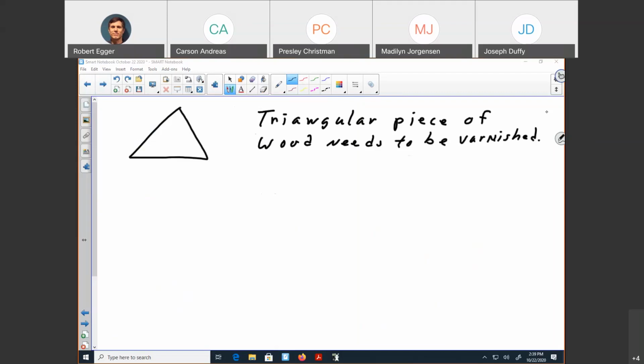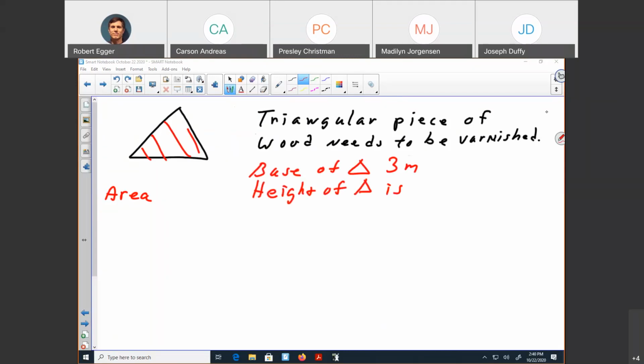Right away, I'm thinking varnishing means to fill in between the lines, so I'm thinking area. I'm going to need some area. Now the base of the triangle is 3 meters. The height of the triangle is 13 meters.